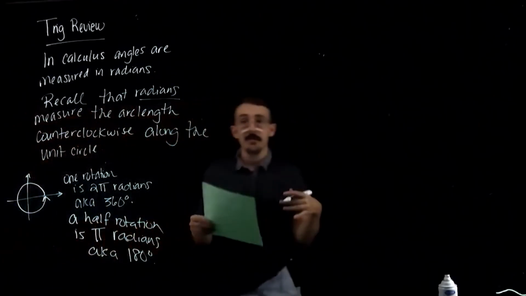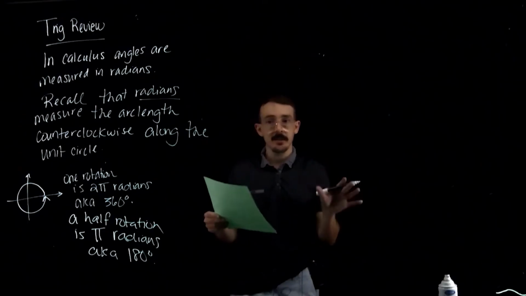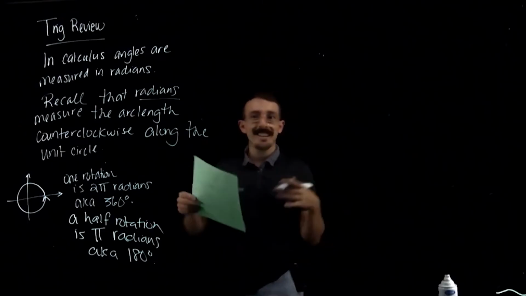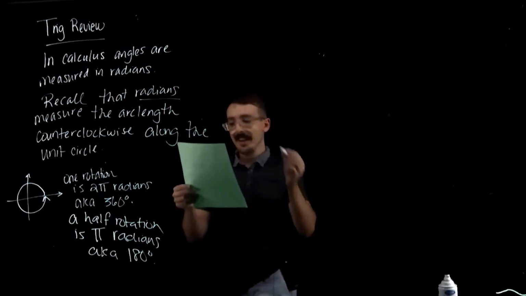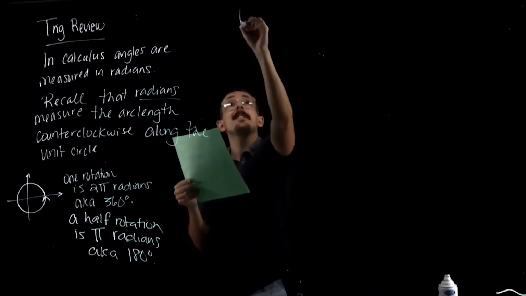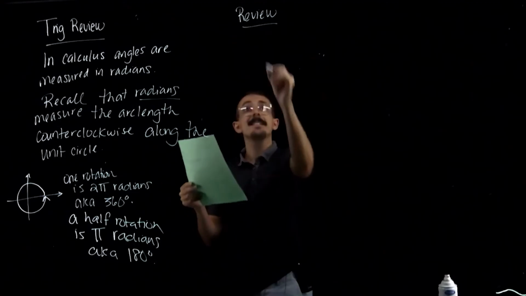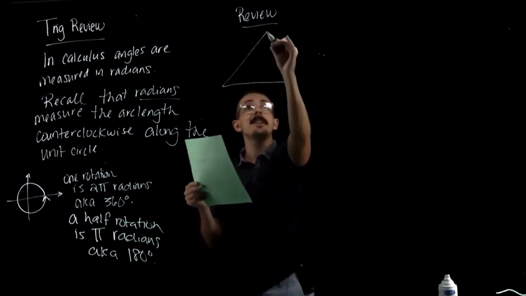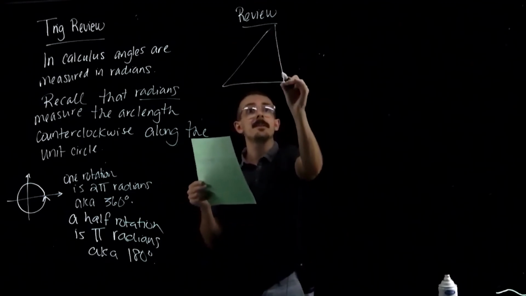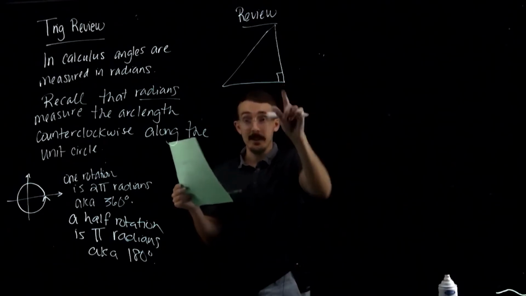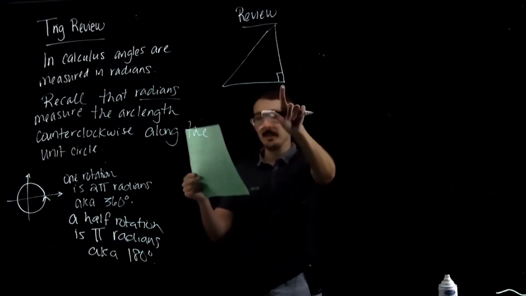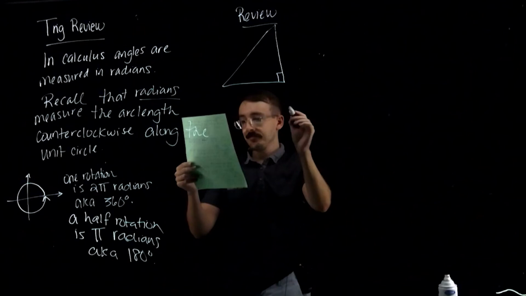You will need to know sine, cosine, tangent, all those trig functions. They come back to haunt you in this class. You need to know them very well, actually. So let's review just some right triangle basics. If we have a right triangle here, it's a right triangle because I drew that box, not because I'm a good artist, but you have to believe me now, because I put that.